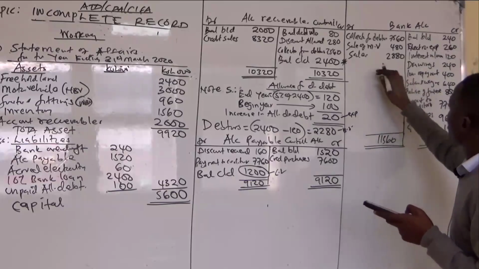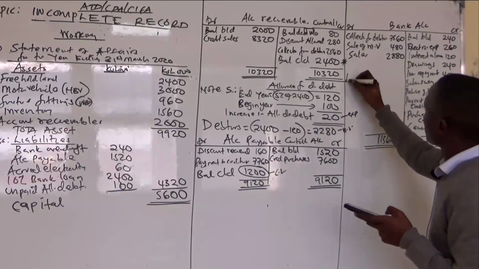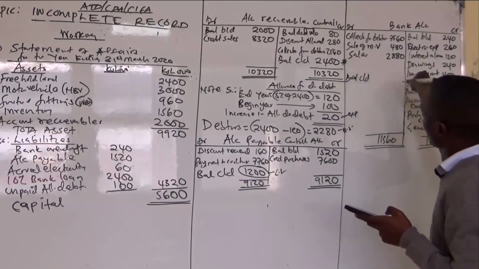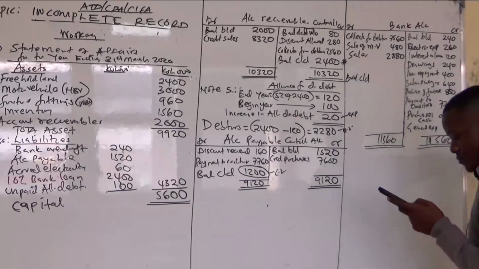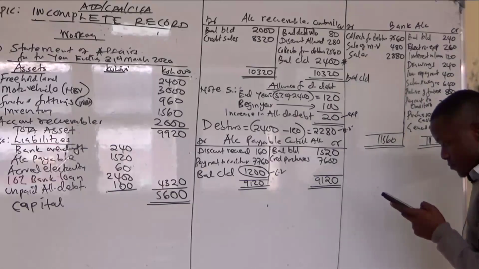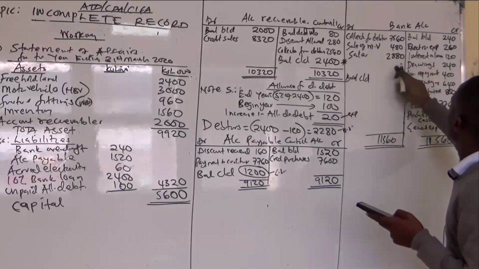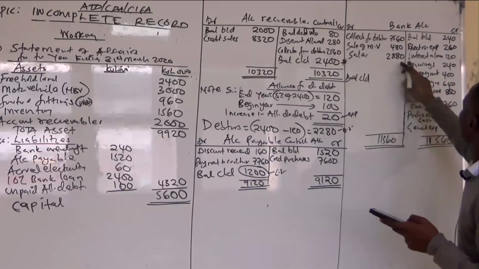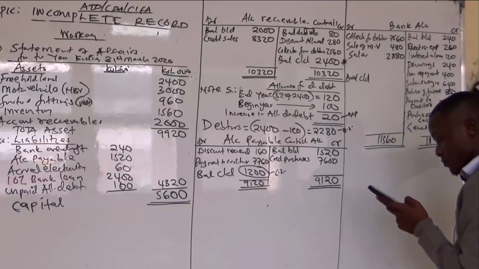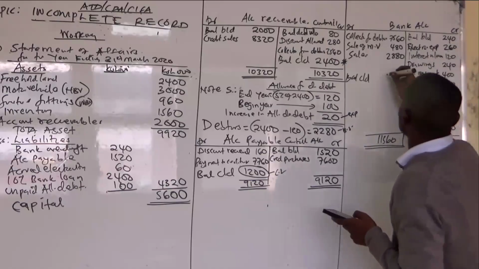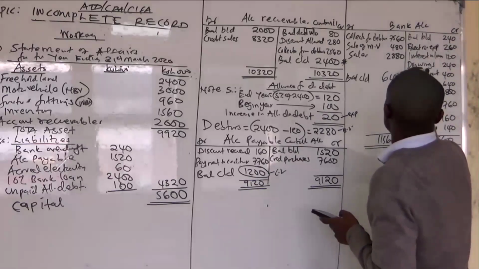Ukiminus hapa inakuwa ngapi? Hapana. Inakuwa ngapi? This minus this minus this minus this ni ngapi? 640. So 640. Swali yangu ni hii balance inaenda wapi?